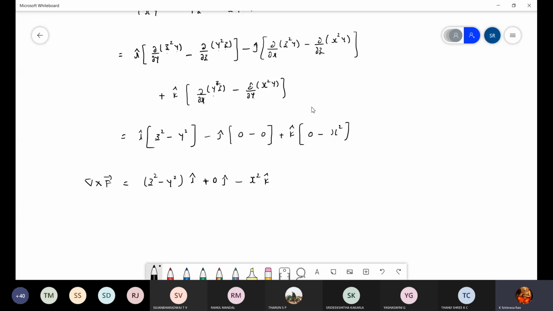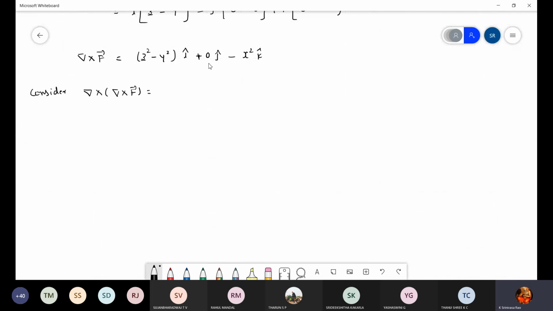Now consider curl of curl f, del cross of del cross f. Same one more formula, that's it. Now this is our new vector, and for this vector we have to calculate the curl.